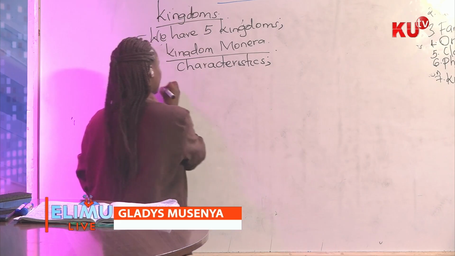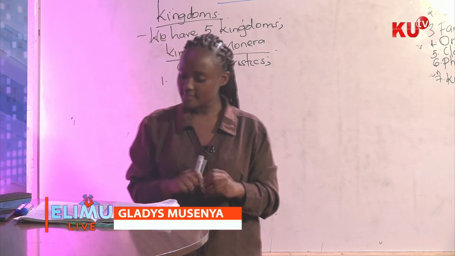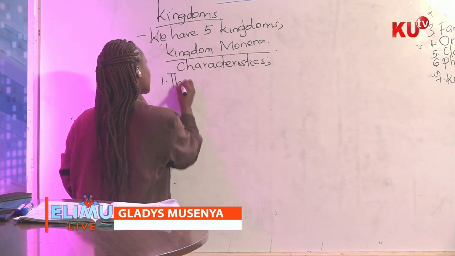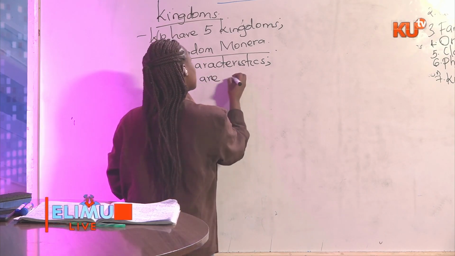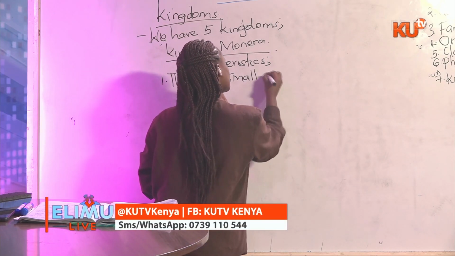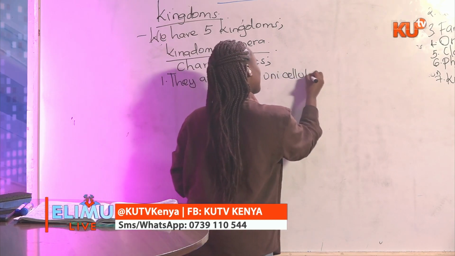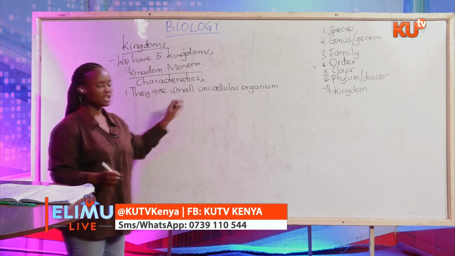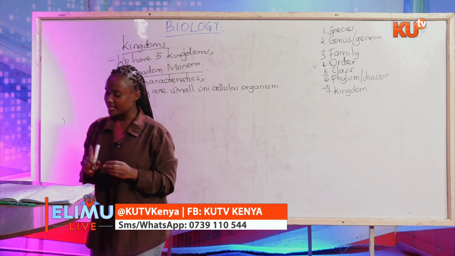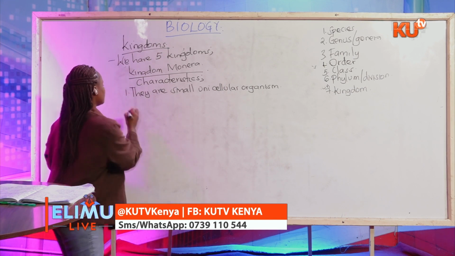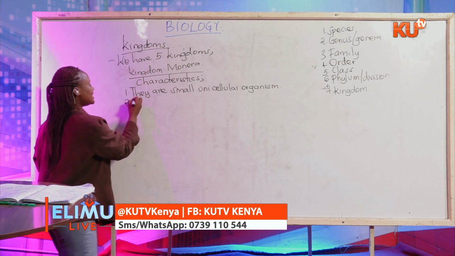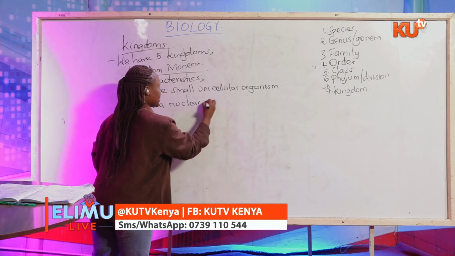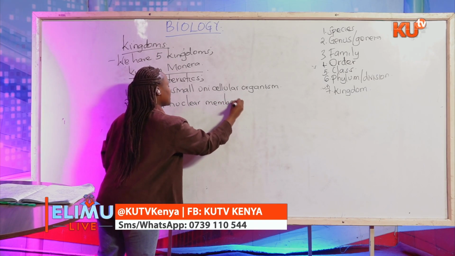So the first characteristics, they are very small unicellular organisms, and they lack a nuclear membrane. Kingdom Monera lack a nuclear membrane.